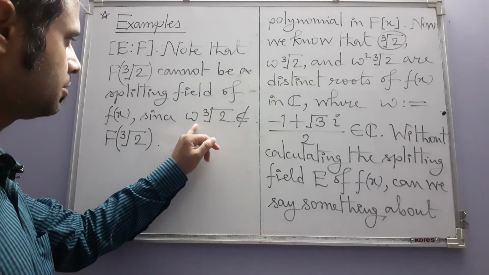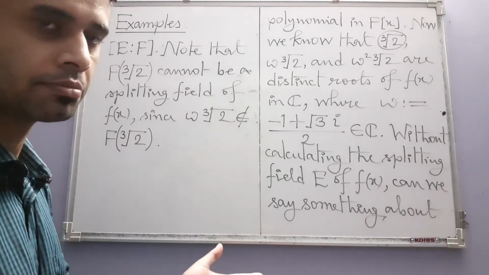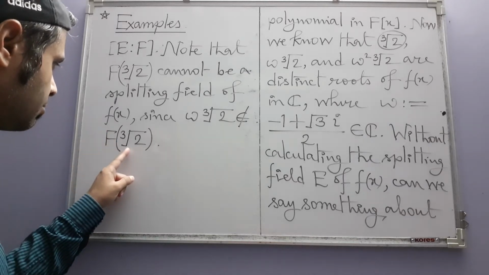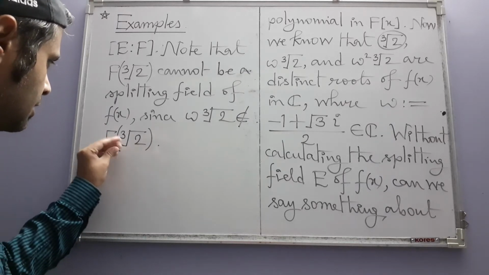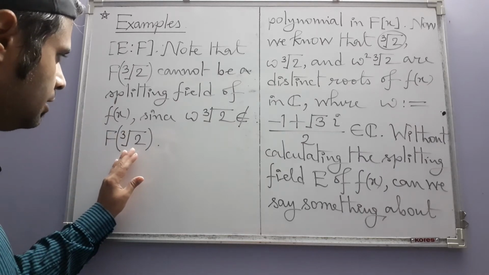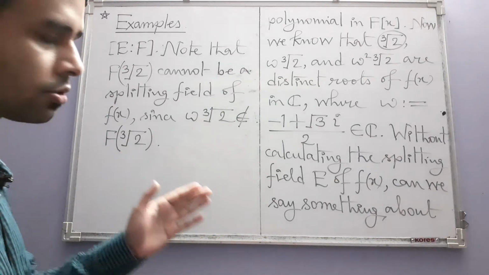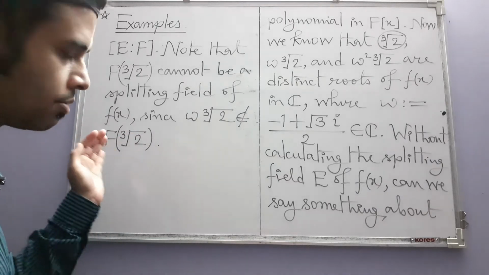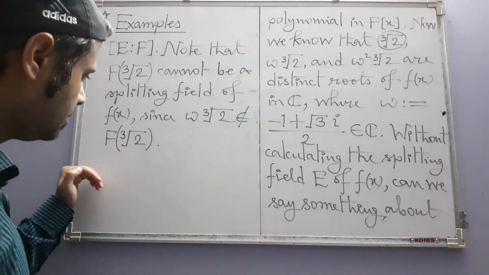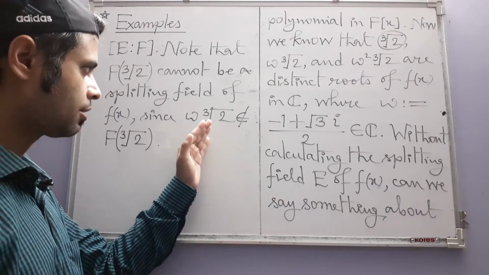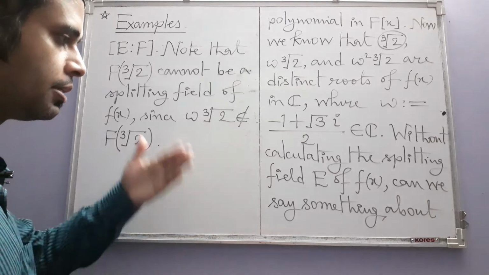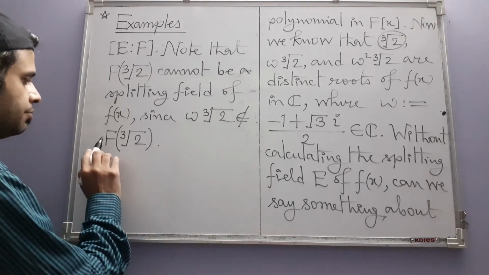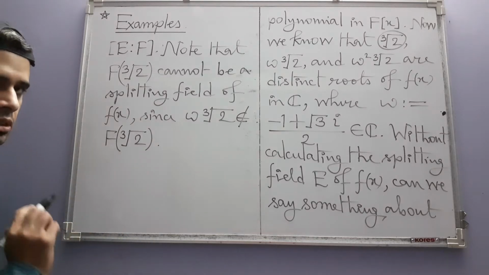That's because this is a non-real complex number, whereas, because your F is the field of rational numbers, this extension that you see here is a subfield of R. Of course, it contains the field of rational numbers as a subfield of its own, but still it is lying inside R, so it cannot contain any non-real complex number, things from outside the line. So naturally, this itself cannot be the splitting field.